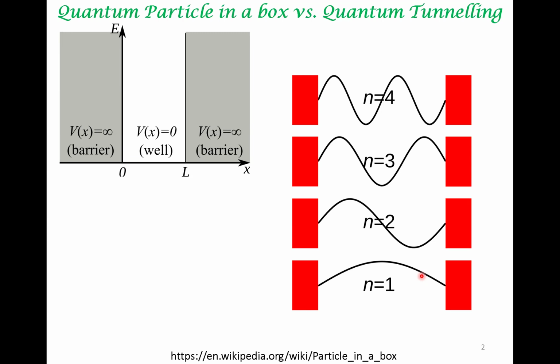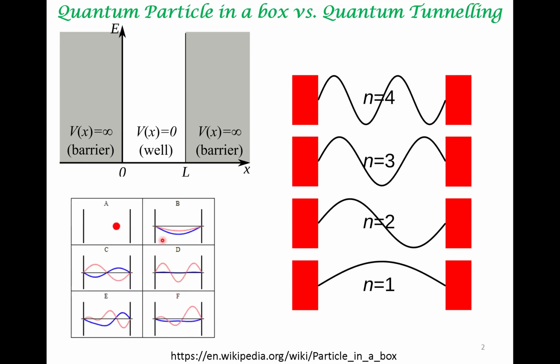With respect to comparing the results of quantum mechanics to classical mechanics, for example, the square of the wave function represents the probability of finding the particle, right? So if the wave function value is greater here, that means the probability of finding the particle is greater.